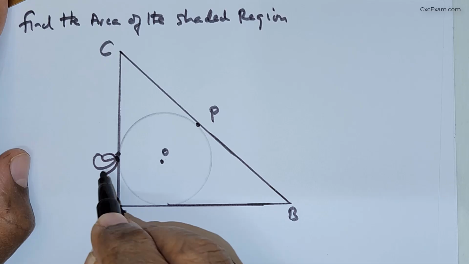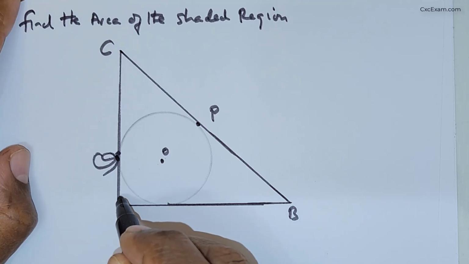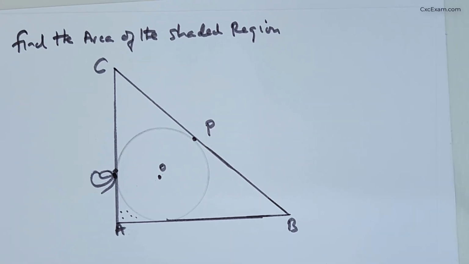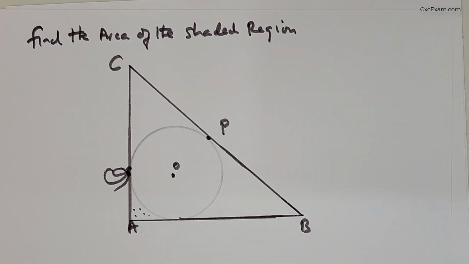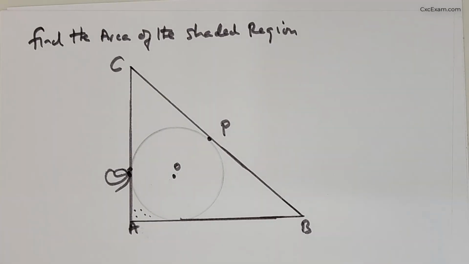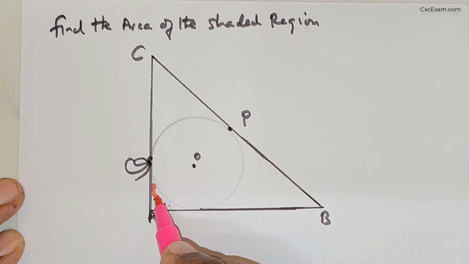So this is Q. Now we are asked to find this region. So this is the region we are required.